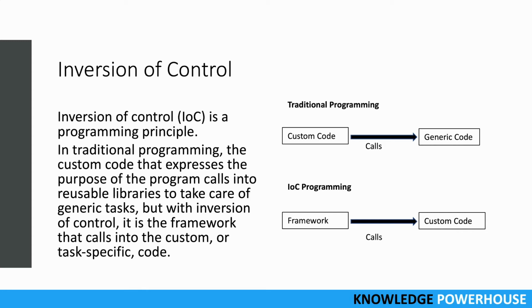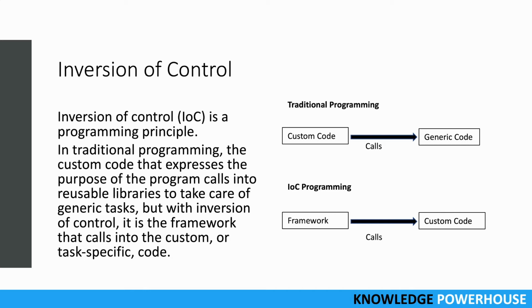So inversion of control means traditionally you write your custom code. Let's say you have to transfer some money from account A to account B. So you write custom code that gets the balance of account A, subtracts the money from account A, then adds money to account B. All that is generic code. So you call the generic code from the custom code, right?